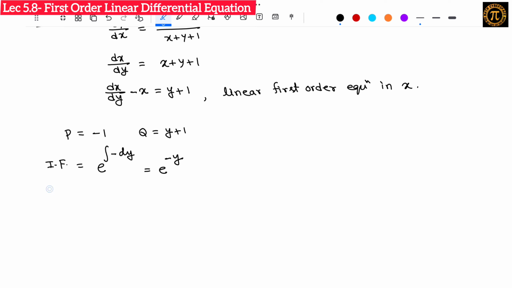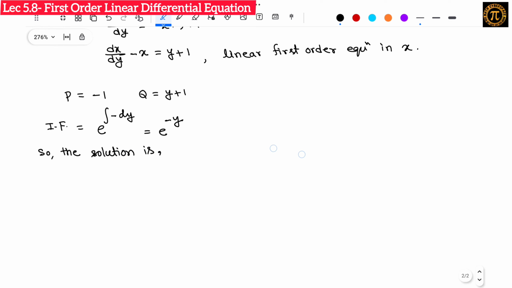And now the solution. So the solution is: x into integrating factor e to the power minus y equals the right hand side, that means integration of (y plus 1) into e to the power minus y dy plus c.